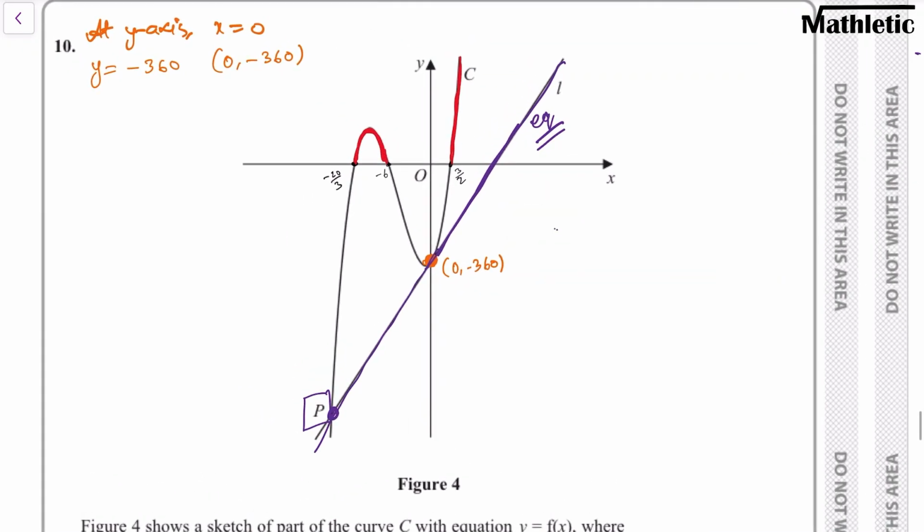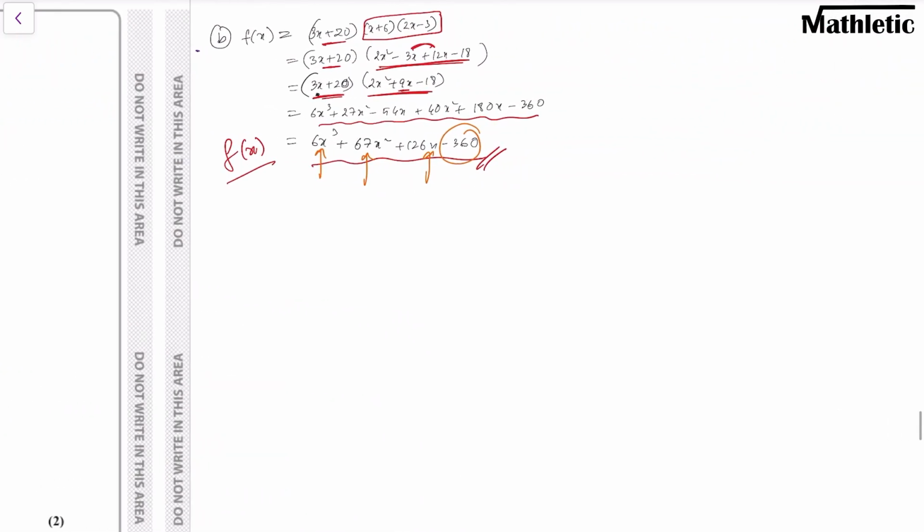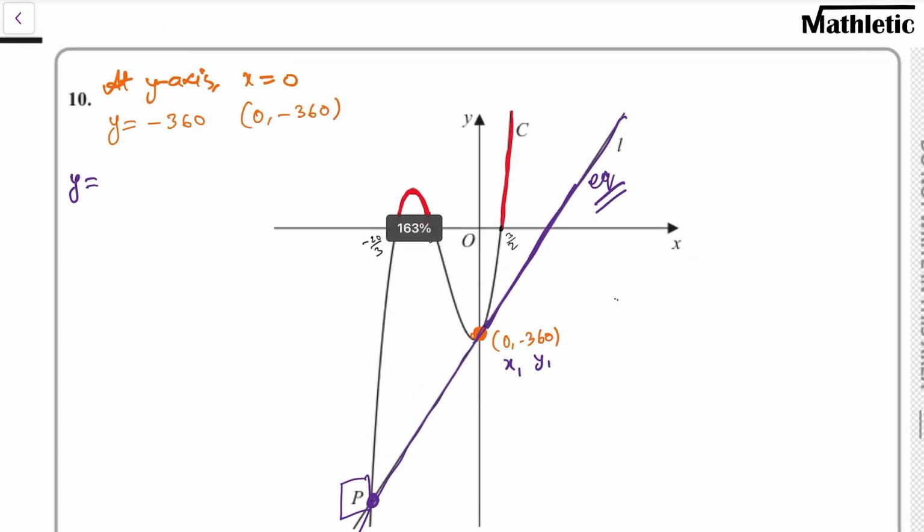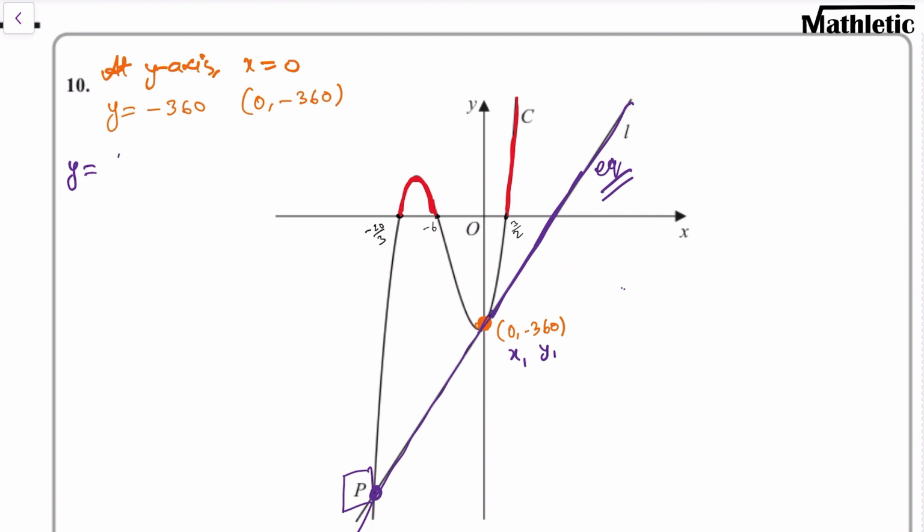This line passes through (0, -360), so this is my x1, y1. I will try to find the gradient. So y is the equation of the curve, and if I differentiate this, I'm just using the simplified version from part B.